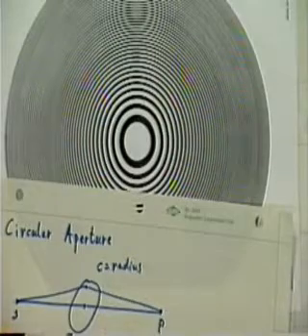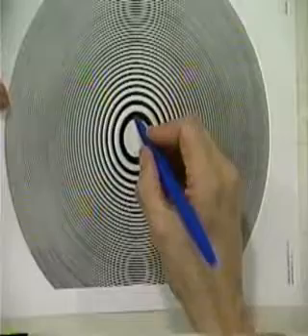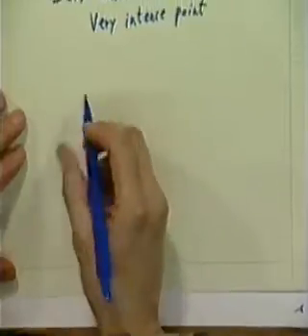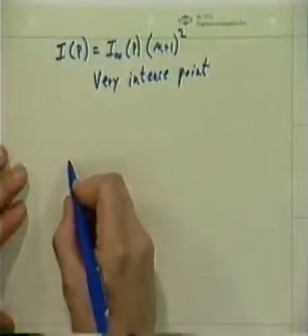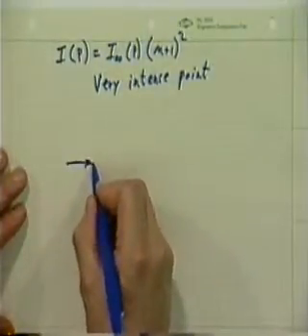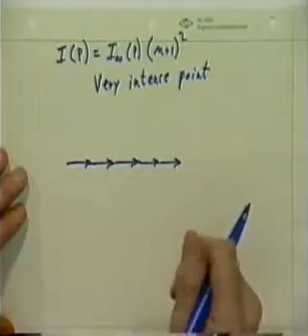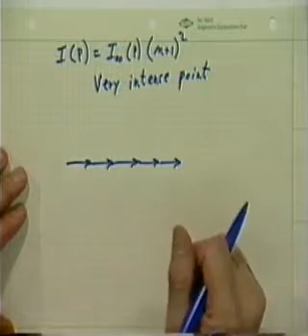So I like to think of the light coming from each open area here as a vector. And so for the right location in space, all these vectors added up in phase.